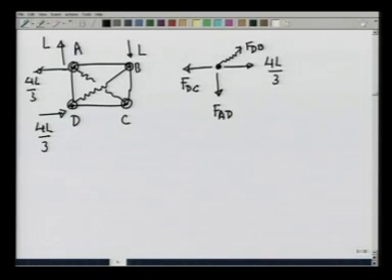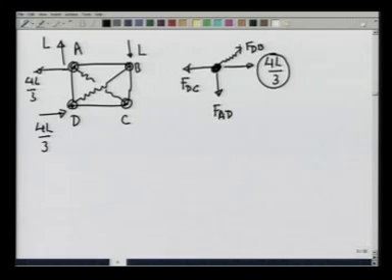Now, one can see that this joint is under a force 4 L by 3. So, this is going to be pushed to the right, and if it is going to be pushed to the right, the rope is also going to be pushed in, but a rope cannot sustain any compressive force.